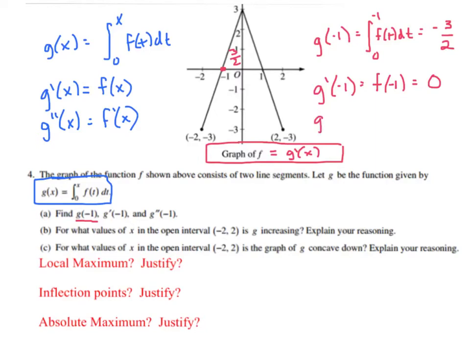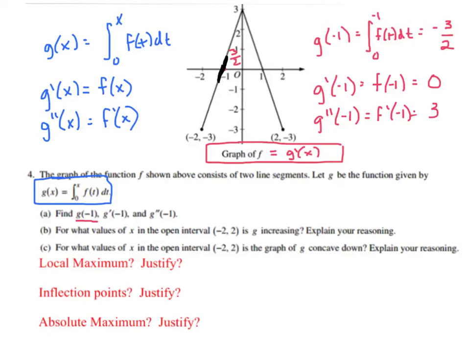And finally, g double prime of negative 1 equals f prime of negative 1. Well, derivatives mean slope. So what I'm looking for is the slope of this line, or the slope at negative 1. So you look at this and you say, well, it went up 6 units in the course of 2 units, so the slope is 3. So there we have g of negative 1, g prime of negative 1, and g double prime of negative 1.